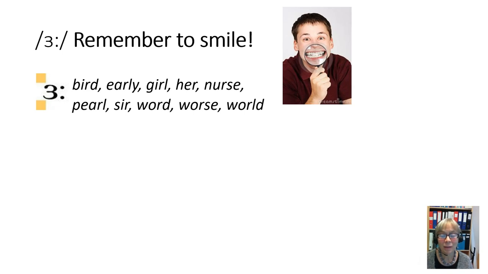And again, many British accents would not pronounce the R. Speakers of American, Canadian English, and also many British accents, Irish, Scottish, would pronounce the R in these. The trick, though, is to remember to smile and to not round your lips. Again, though, if you do, it's fine. But you may want to be aware of that. Usually in English, you don't round your lips as much as we do in Norwegian.